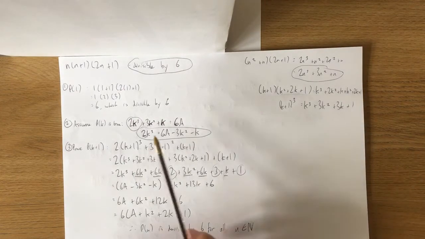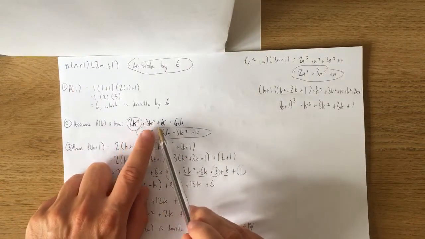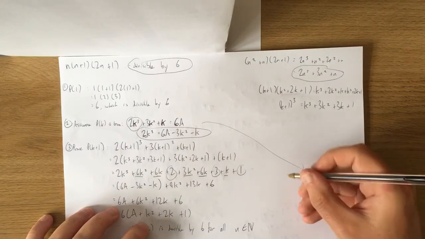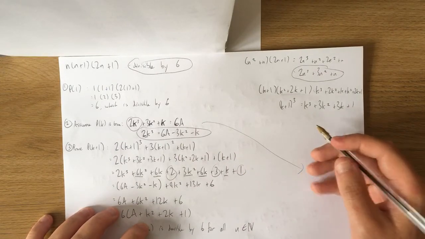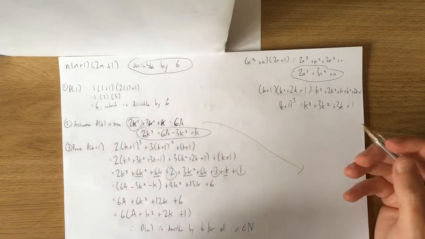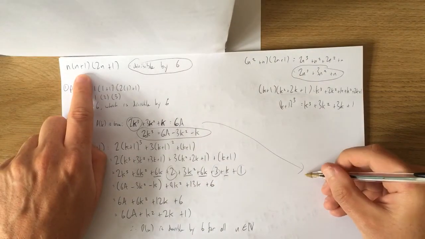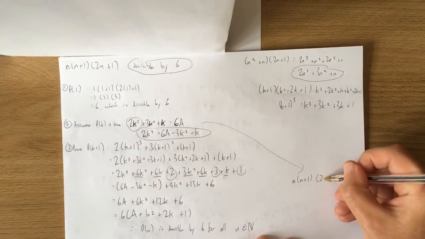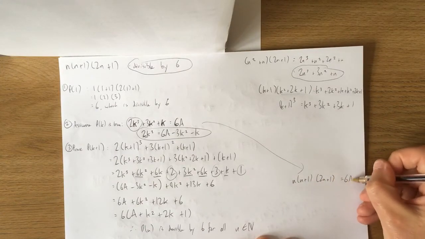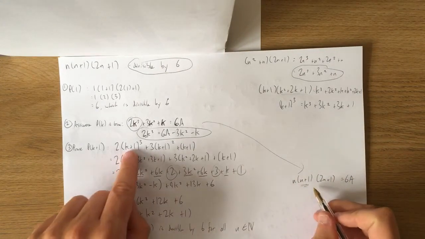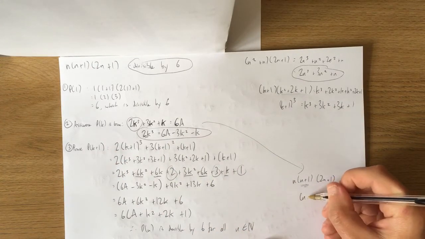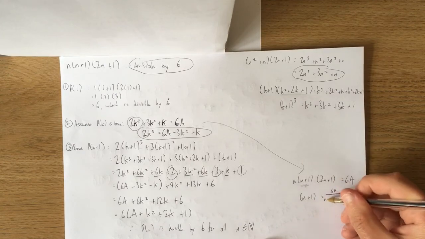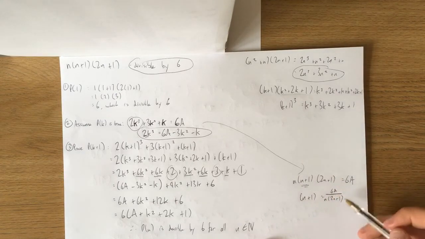As I said, if you had left this as n times (n plus 1) times (2n plus 1), you might have been isolating, I don't know, n plus 1 maybe. So let's say you would have had n(n+1)(2n+1) equal to 6a, and then n plus 1 might be what I'm able to sub in for. So you'd have n plus 1 equal to 6a over n(2n+1).